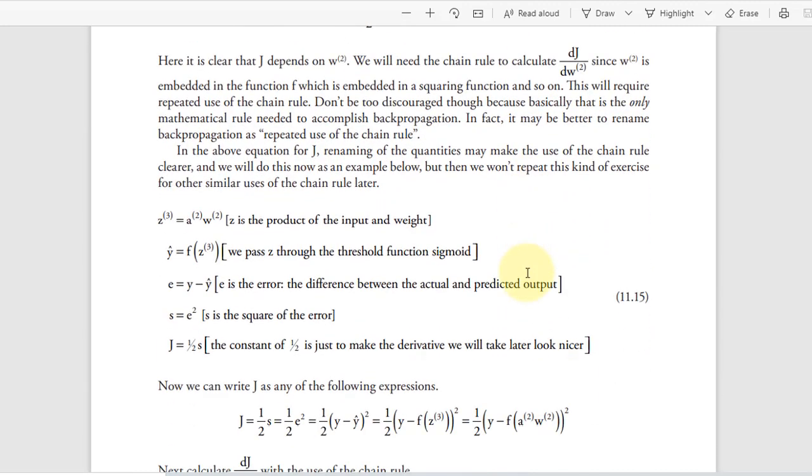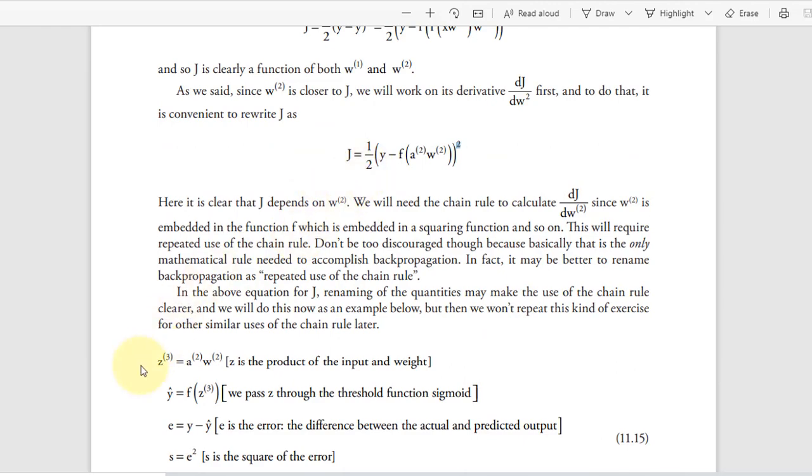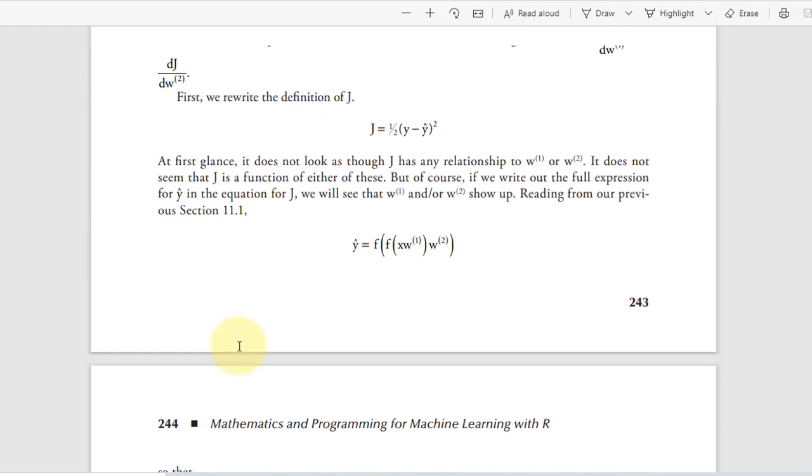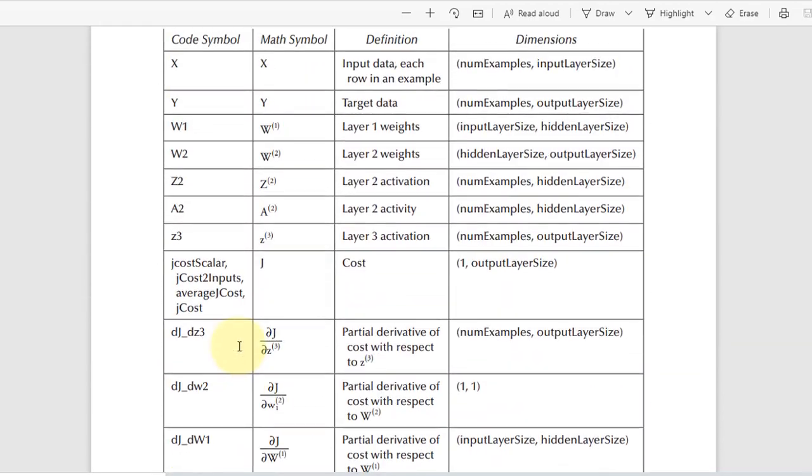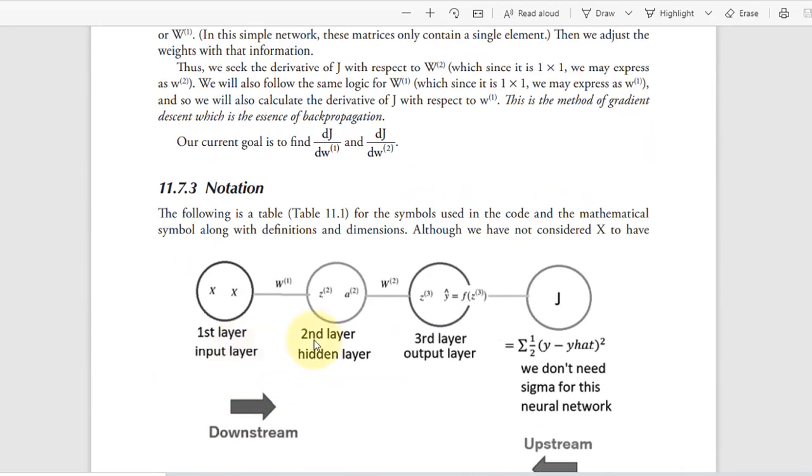And if I call Z3, remember Z3 is the output here, sorry, Z3 is here, and then Y hat is f of Z3. We put Z3 into the sigmoid function, we get Y hat.